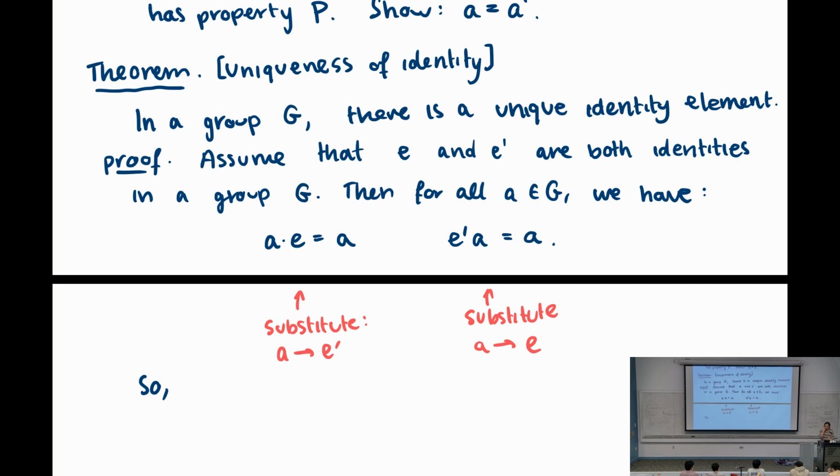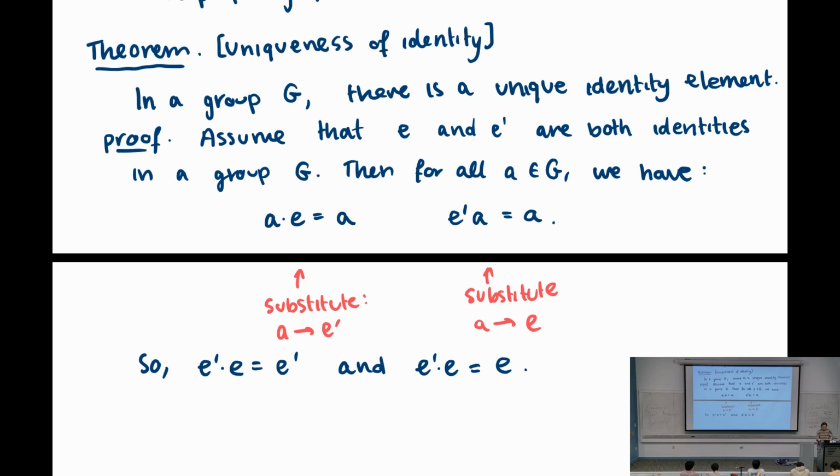So what we get out of this is that e prime times e is equal to e prime, and e prime times e is equal to e. Okay, so from these two equalities, we can then conclude that e is equal to e prime, and the proof is complete.